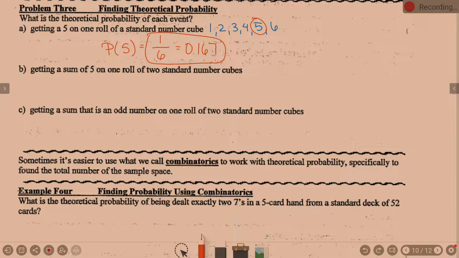How many possibilities on the other die? 6. When you roll them together, how many possibilities? 12? Not 12. 36. Remember our fundamental principle of counting yesterday? There are actually 6 times 6, or 36 total outcomes.